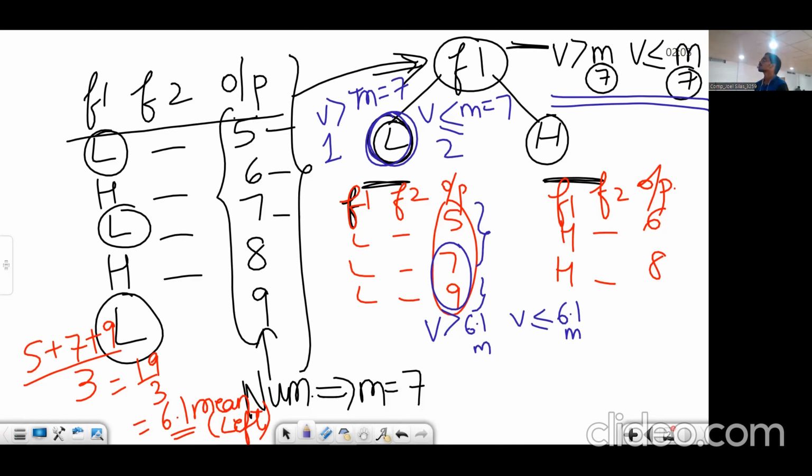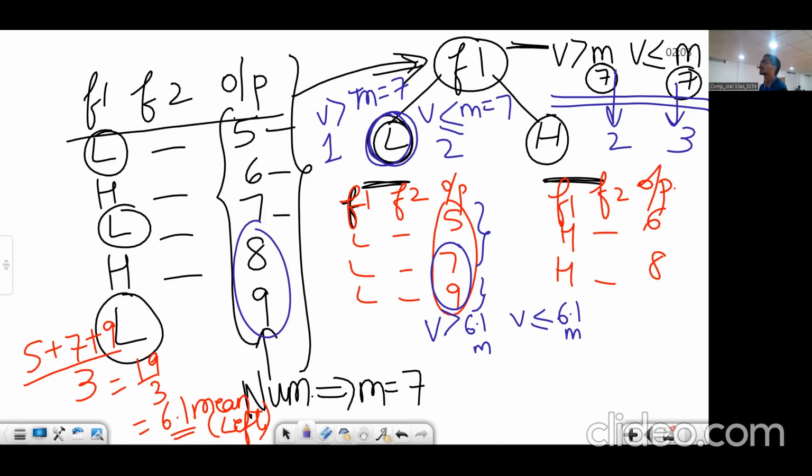Okay. So initially, the number of values which are greater than 7 are 2, and number of values less than equal to 7 are 3. Okay. Before splitting the feature into low and high, at the feature node, we have 2 values which are greater than 7 and 3 values less than equal to 7.